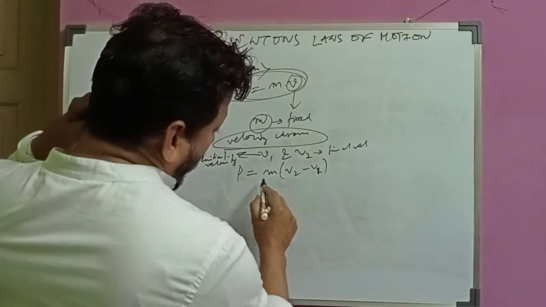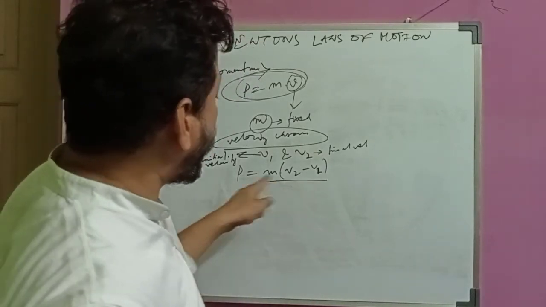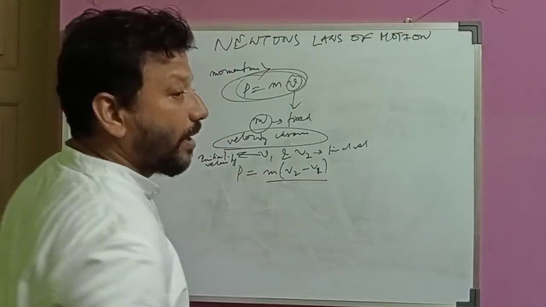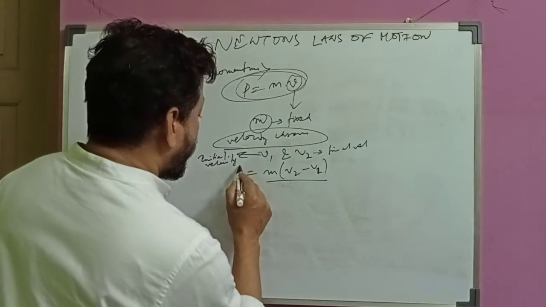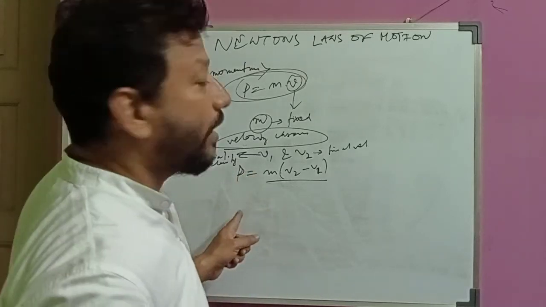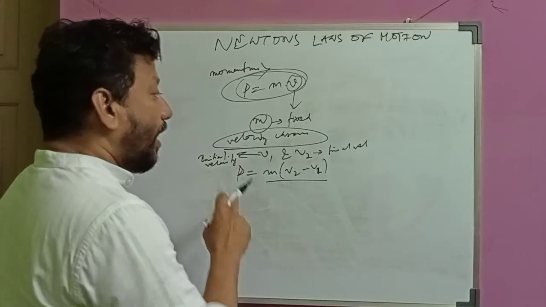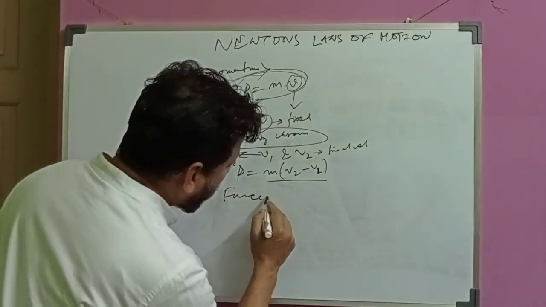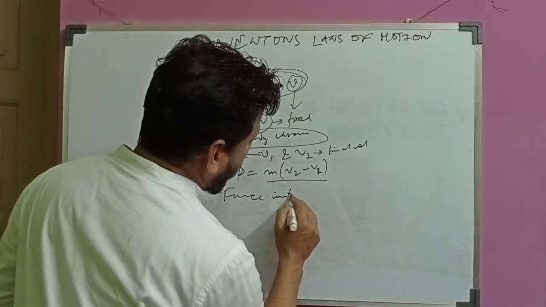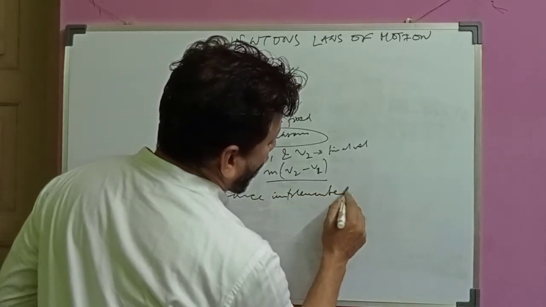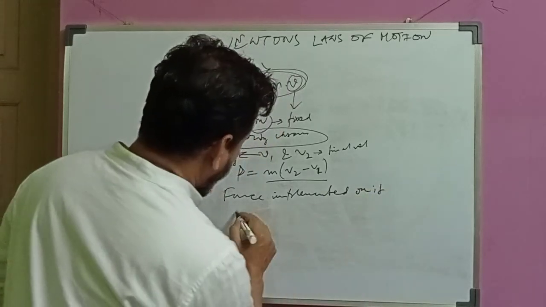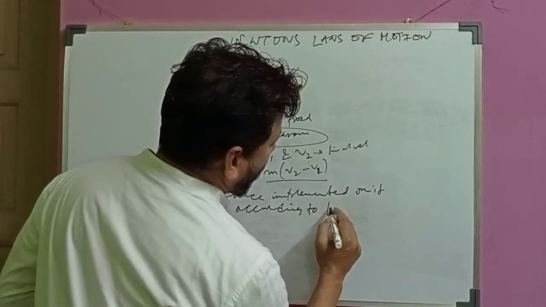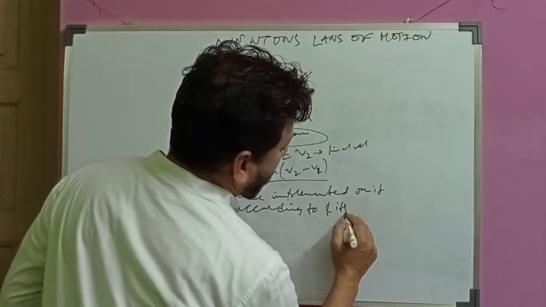So from this, the change of velocity is with the mass, the change of momentum, and the momentum change will give the force implied on it according to its direction.